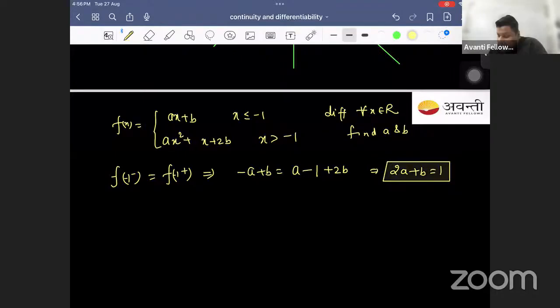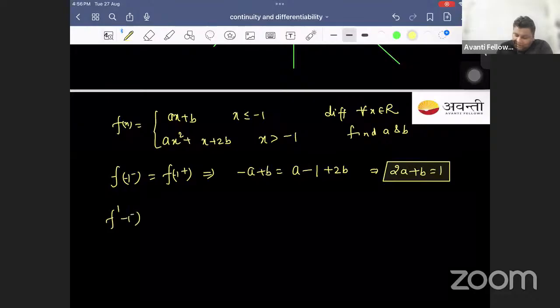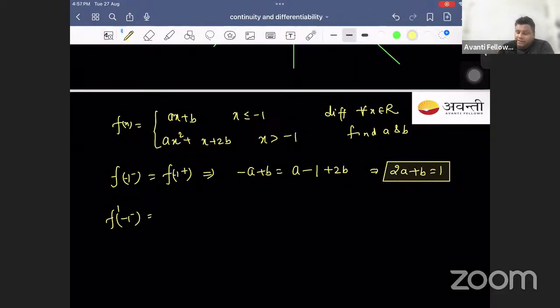Am I clear? Now, f dash of -1 minus: to the left of -1, the derivative is a, so that will remain a. f dash of -1 plus: to the right of -1, the derivative is going to be 2ax plus 1 at x equals -1, so it is minus 2a plus 1.